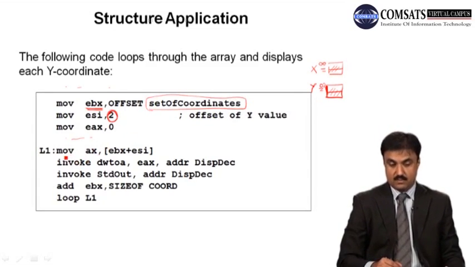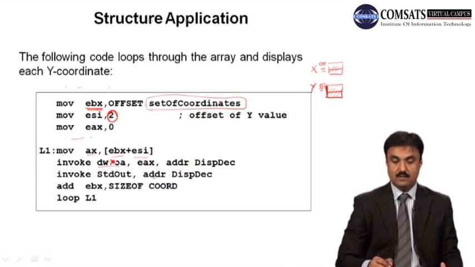How can we access it? For example, EAX will hold the EBX plus ESI. EBX has the base value and ESI has the offset value, and so on. If we want to display that value of y, we convert it from double word to ASCII, and it will be stored in EAX.